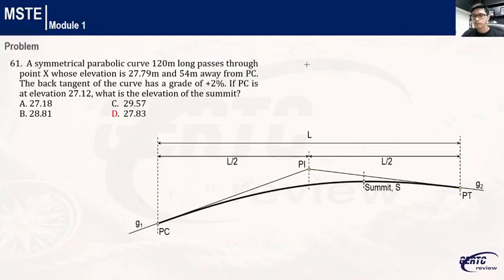The length here is 120 meters and point X is at elevation... So let me say elevation of point X is equivalent to 27.79 meters. Okay, and that is 54 meters away. The grade of the back tangent, that is our grade 1, no? That is 2%. So positive yan because that is going up.